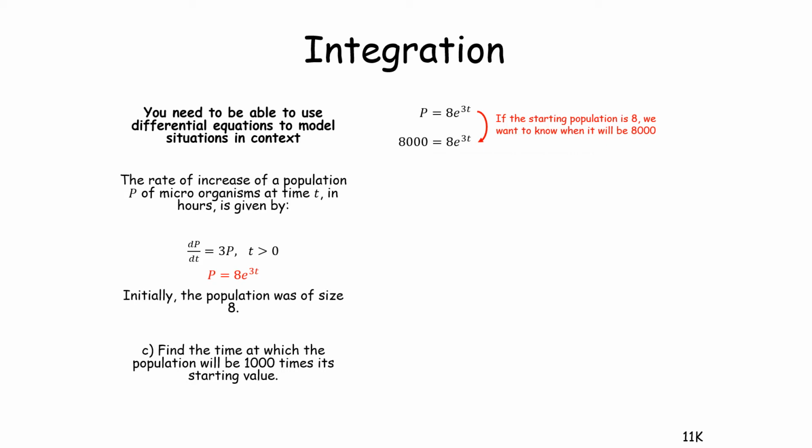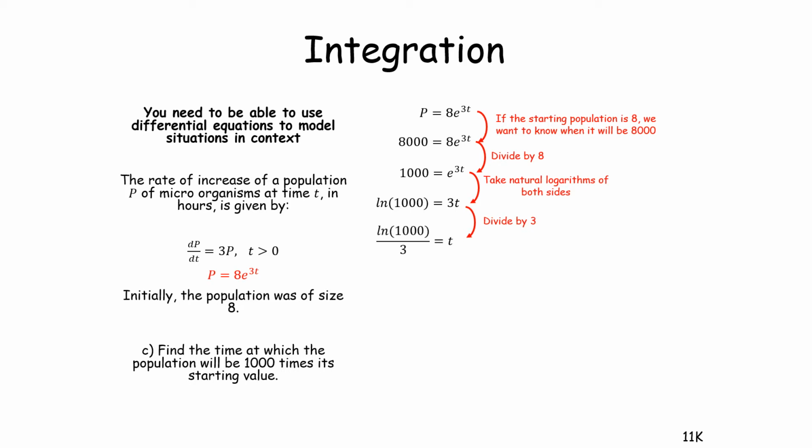We just replace p with 8,000, because 1,000 times 8 is 8,000. Using basic algebraic skills, we divide both sides by 8, take ln on both sides to get rid of the e, and then divide by 3. It gives us t of 2.3.